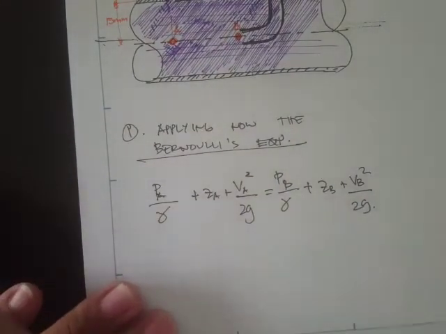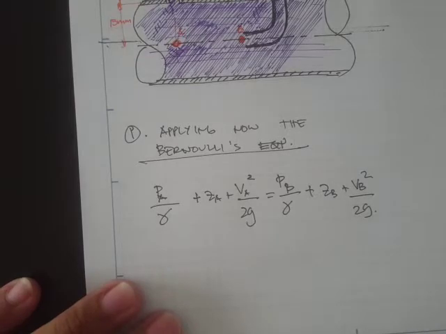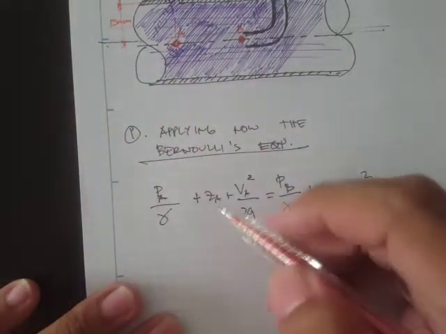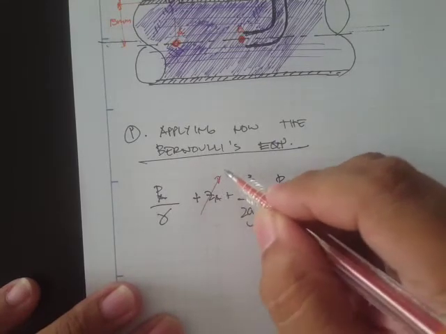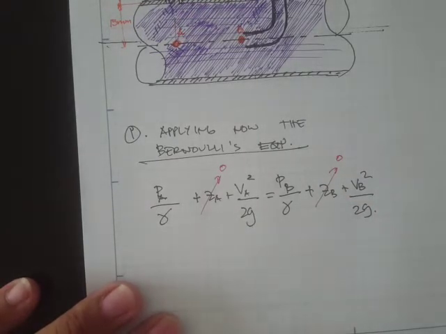And in terms of the elevation, since we are along the horizontal, the elevation at A is 0, and the elevation at B is also 0.